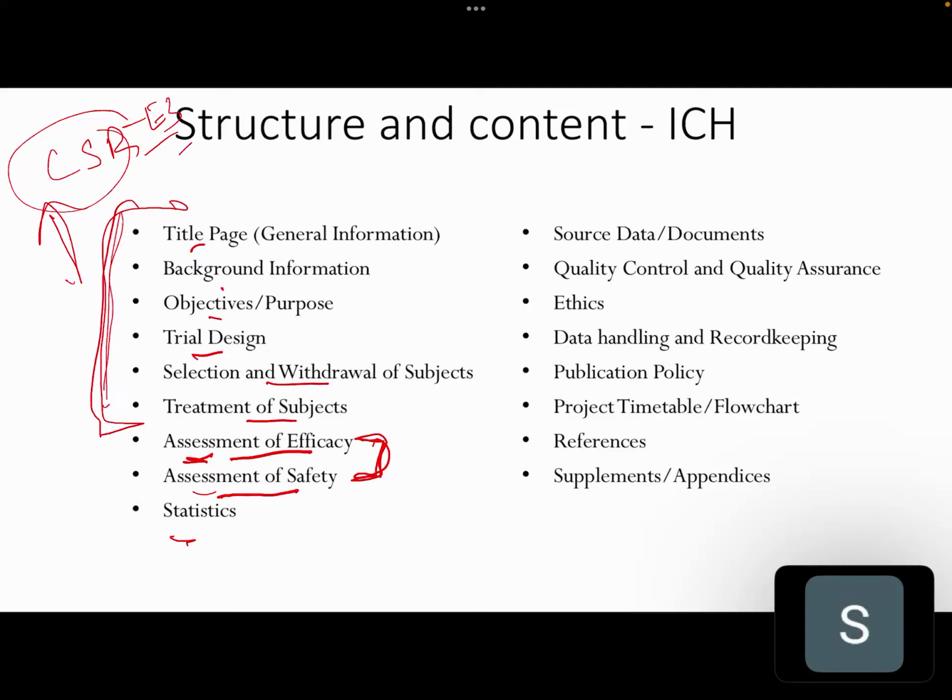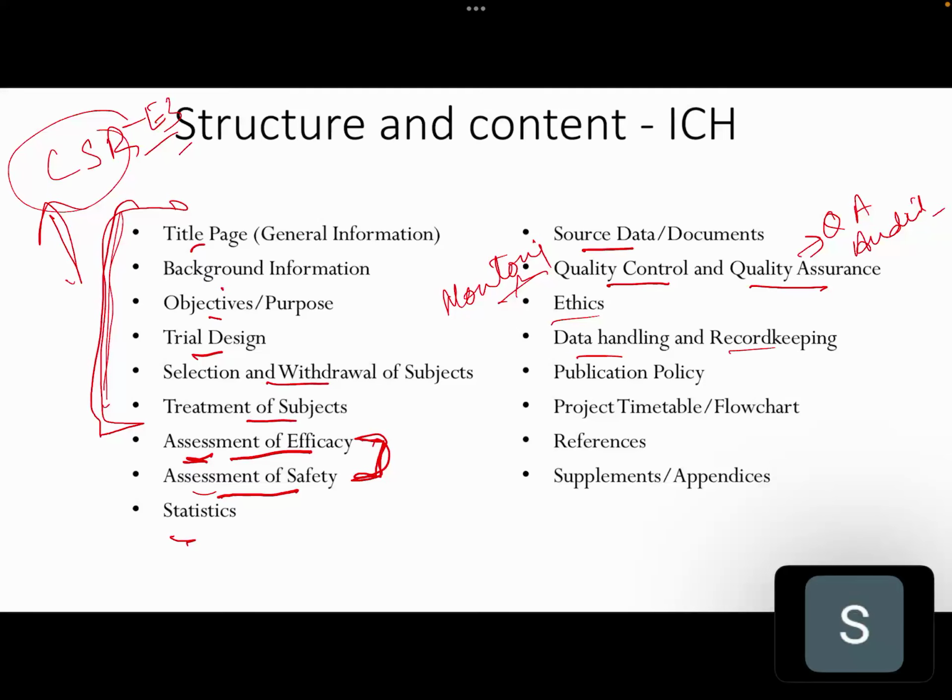It's easy. Source data, documentation, quality control and assurance. What is your plan for monitoring? Here you will be telling your monitoring plan, or your operations team will be giving it to you. Quality assurance, QA team, audits. Ethics or standard statement, Declaration of Helsinki, how you will be handling data, record keeping.